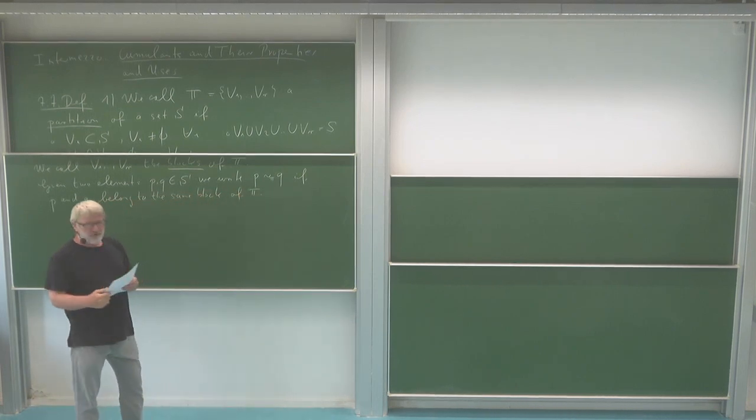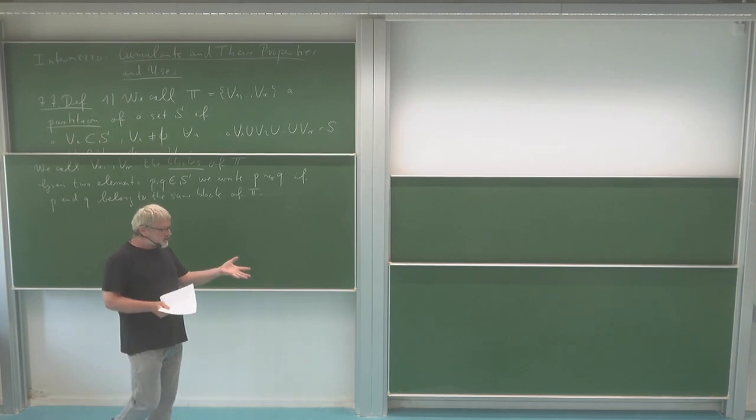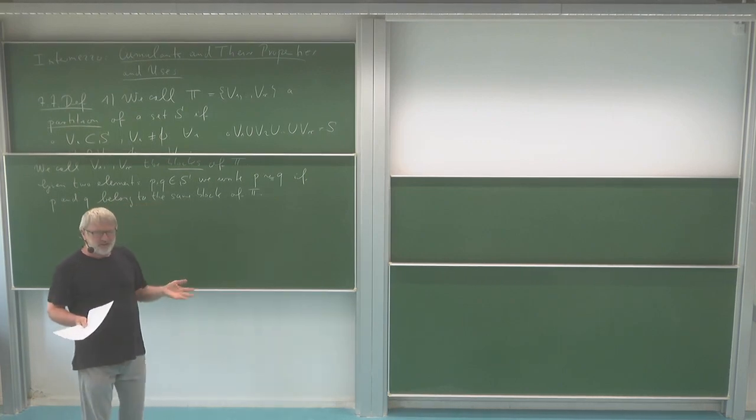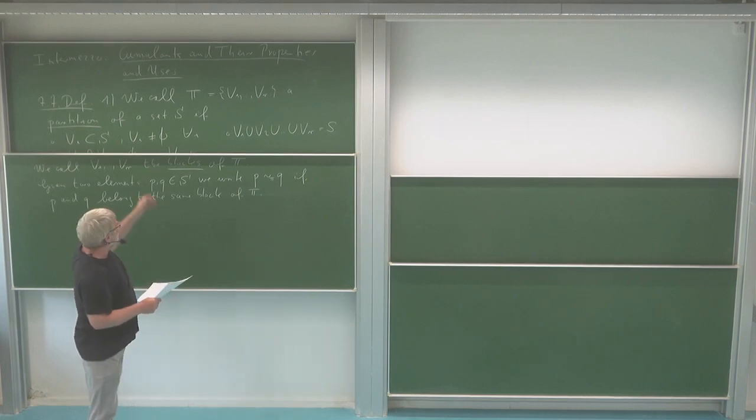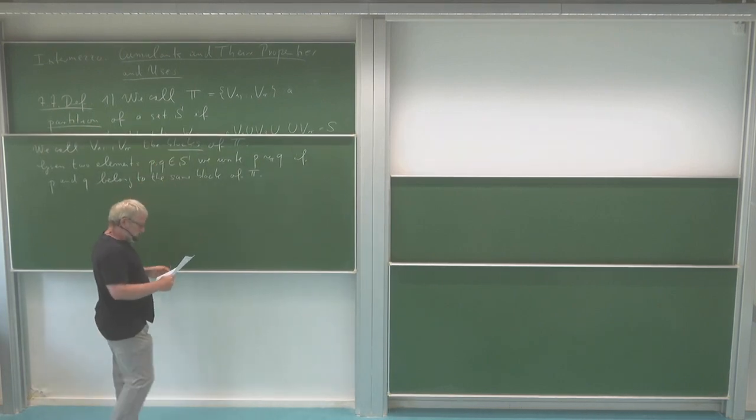And of course, if I have an equivalence relation on my set S, the equivalence classes are just blocks of a partition. So partition and equivalence relation are more or less the same.